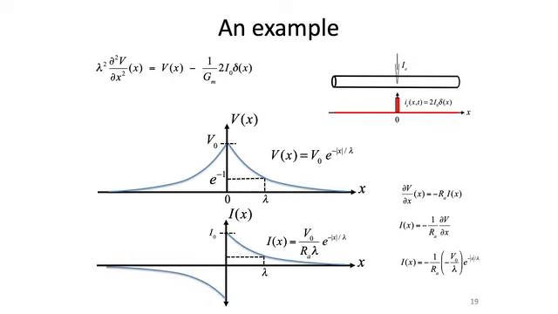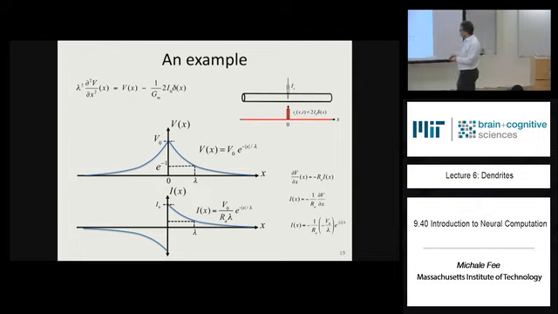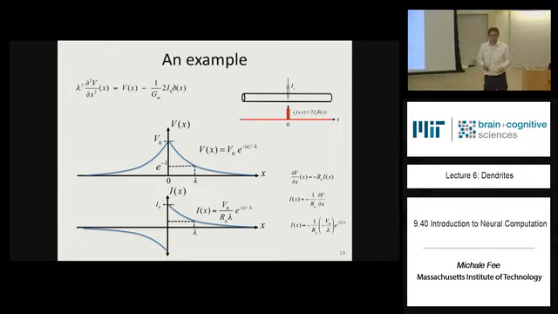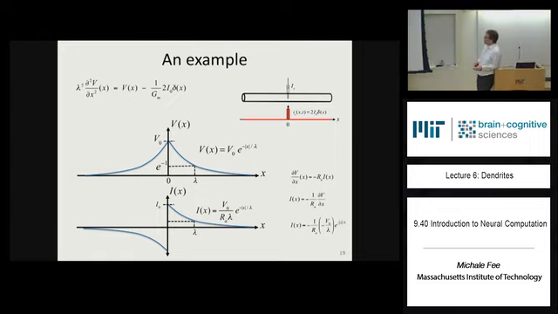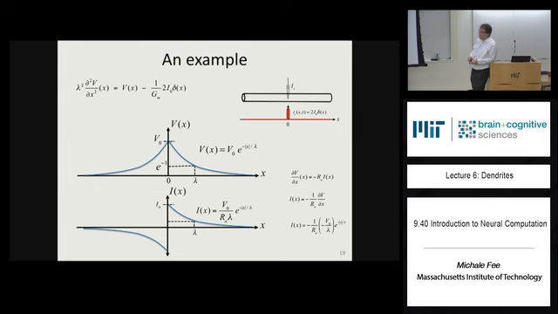Okay? Notice the current is flowing to the right on this side, so the current is positive. It's flowing to the left on that side, so the current is negative. To do this properly, this is the solution on the right side. You'd have to write another version of this for the current on the left side, but I haven't put that in there. And again, the current starts out at I naught and drops exponentially, and it falls to 1 over e at a distance lambda.